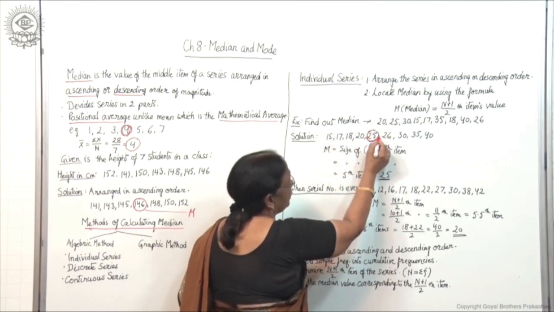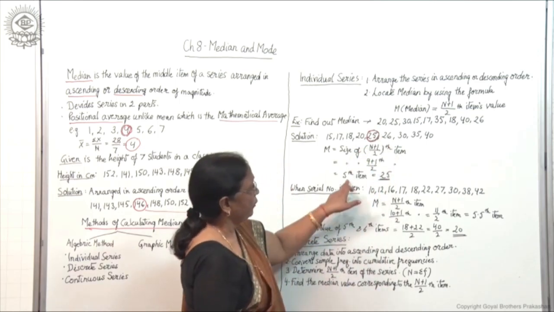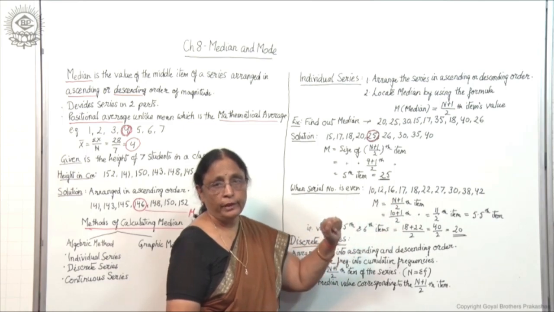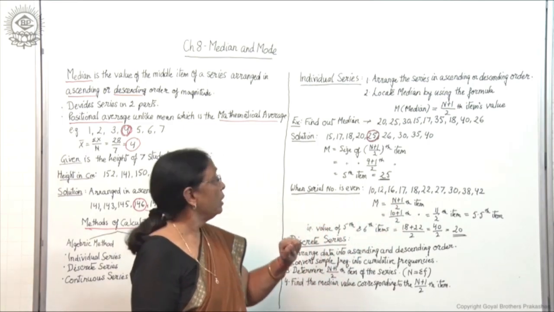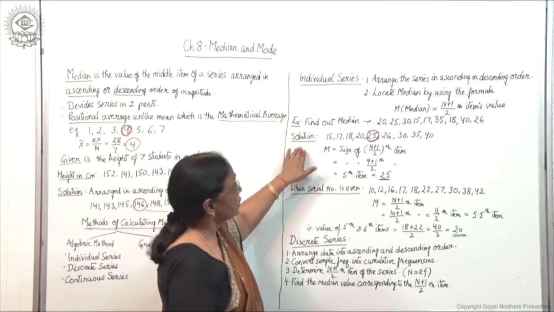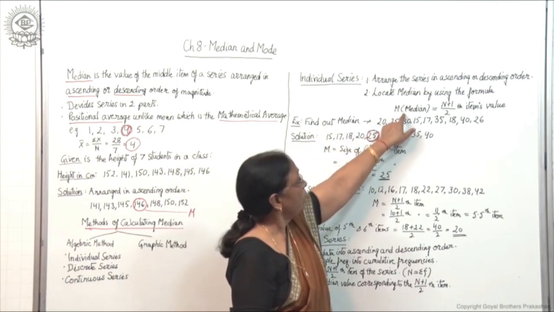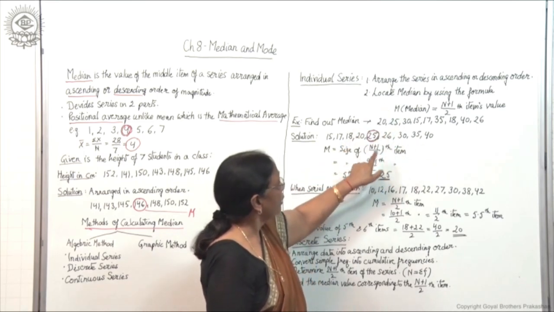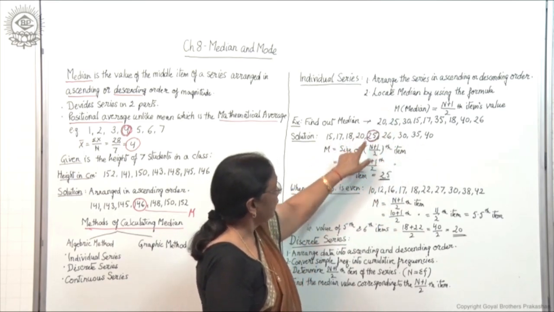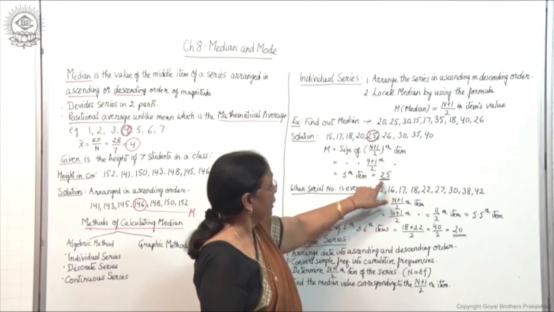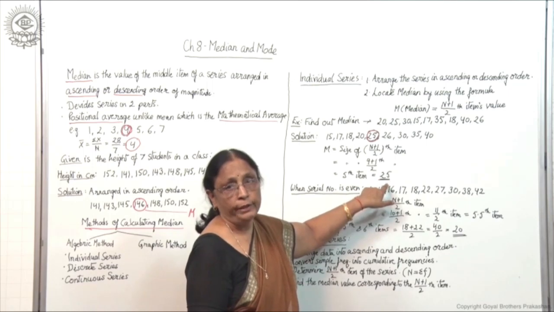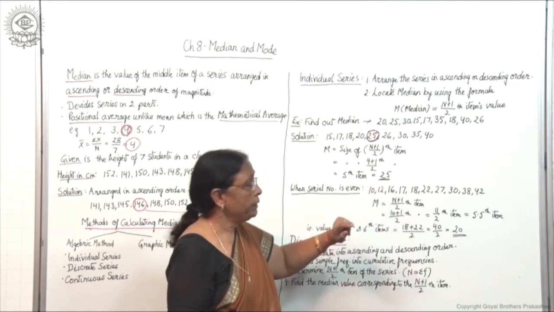So this will be known as median, fifth item, that is 25. Clear? So this way, in the case of individual series, apply this formula. After arranging the data, apply the formula, find out the item and then locate the item, and that will be the median. Fifth will not be the median, but fifth item will be the median, right?